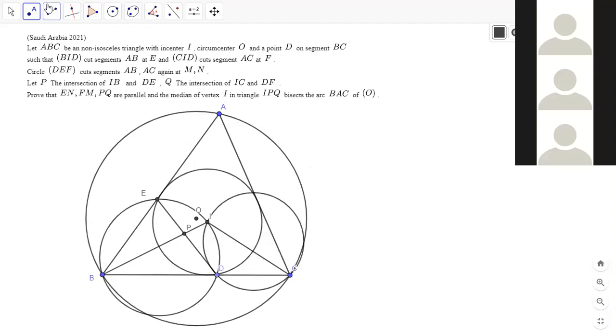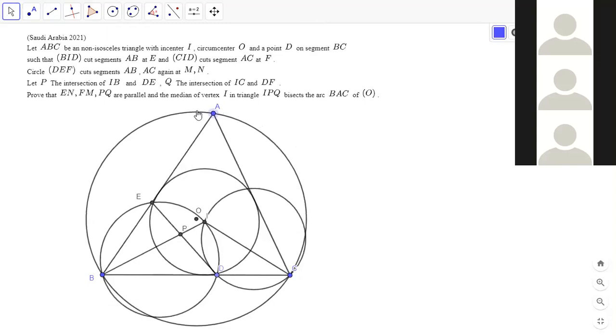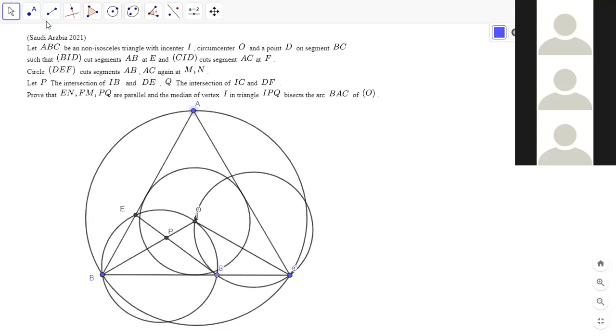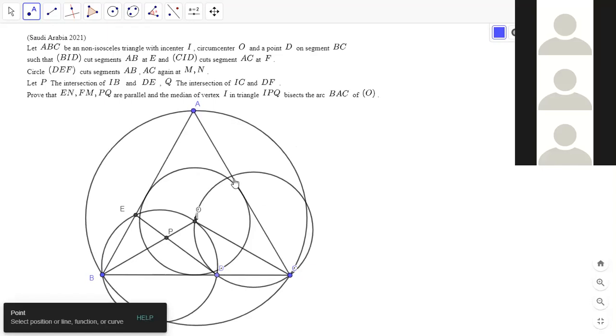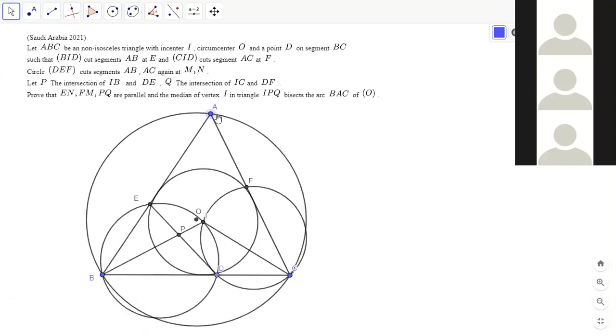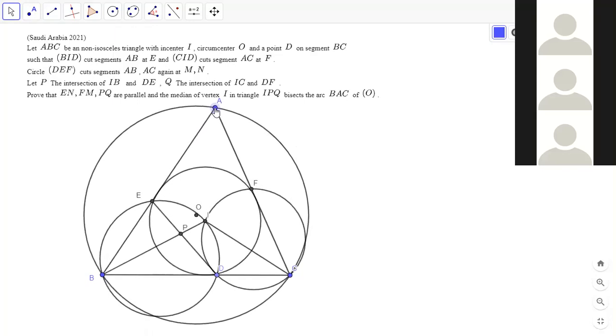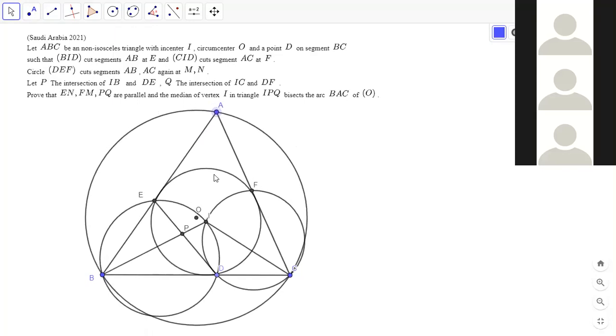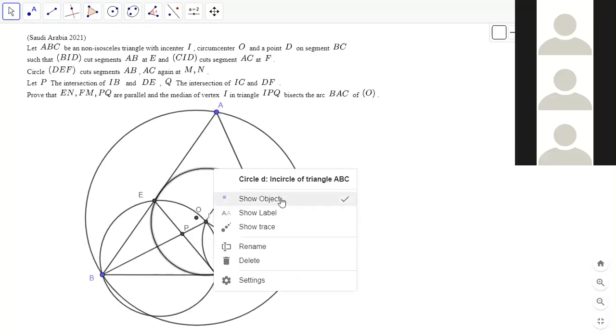So F should really be, I don't want it to be on the circle. There we go. But now it looks like O and I are too close. So let me just hide the incircle. Yeah, I think you're right.